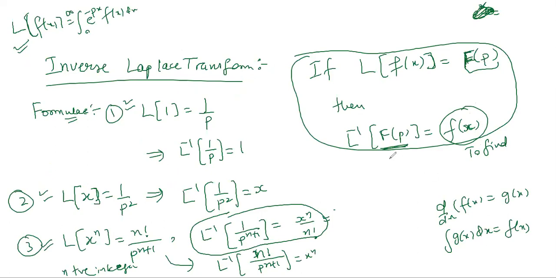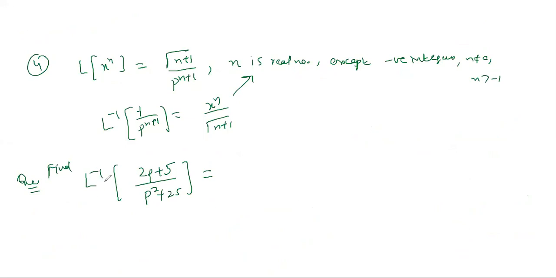So we have to find the inverse Laplace transform of this one. One more property we know: the Laplace transform is linear and inverse Laplace transform is also linear, so you can break it into additive terms.